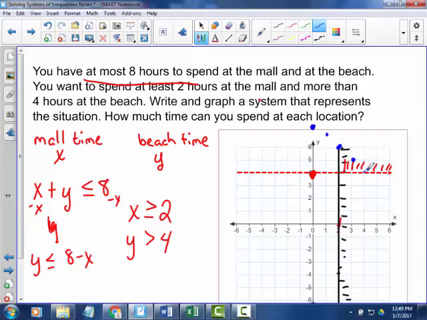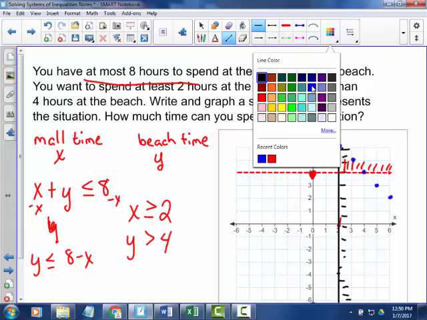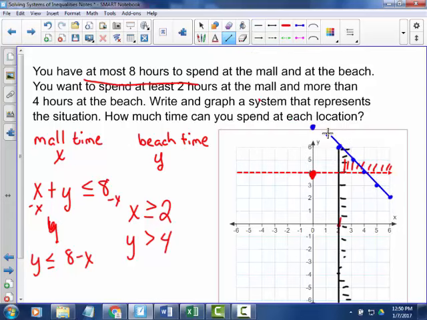And so we're coming through here. Okay, and it would also be a solid line. So our solution is just that tiny triangle here.